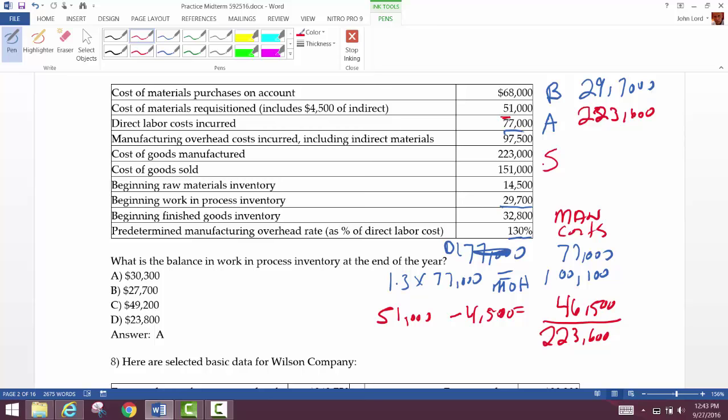From my work in progress? Cost of goods manufactured needs to be subtracted, doesn't it? So my cost of goods manufactured is also 223,000. Something doesn't seem right here. 223,000. Okay, so what's the ending balance then?